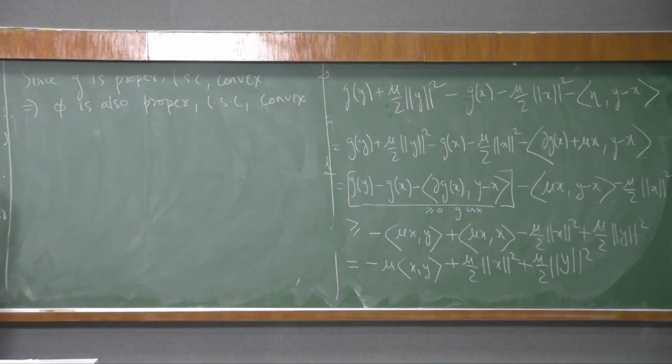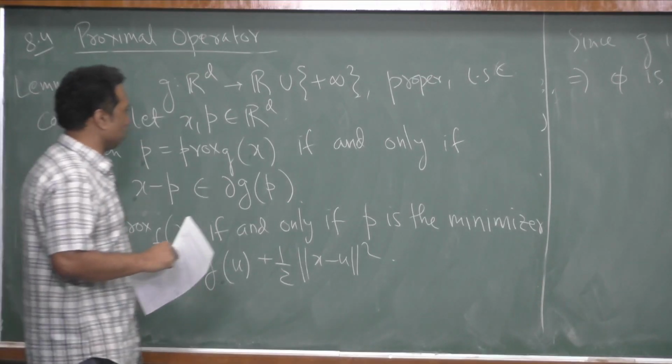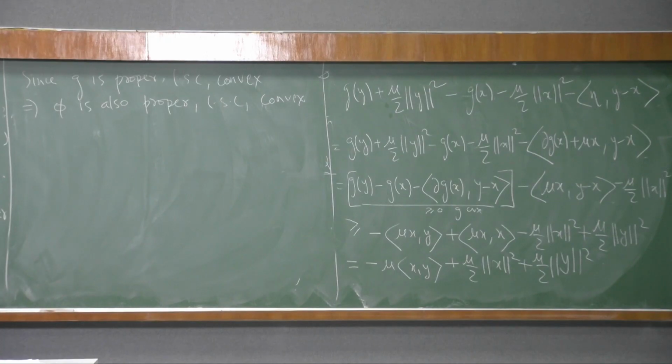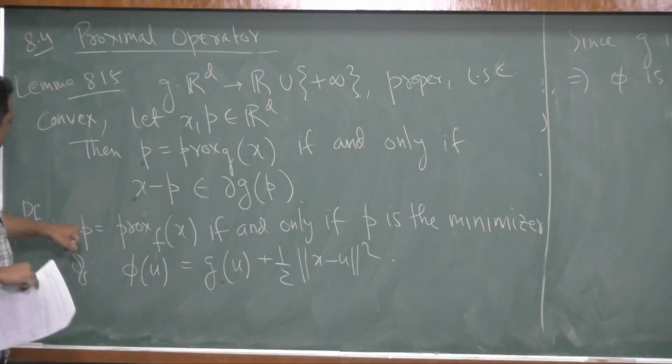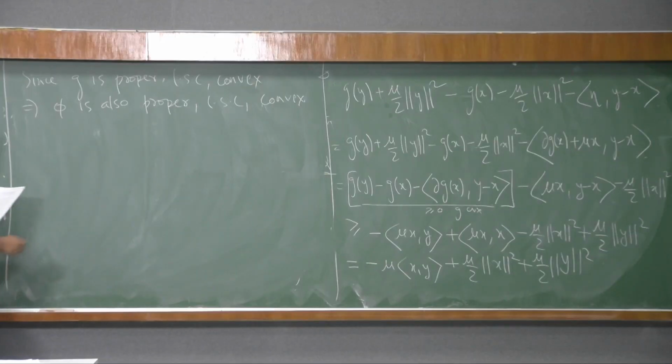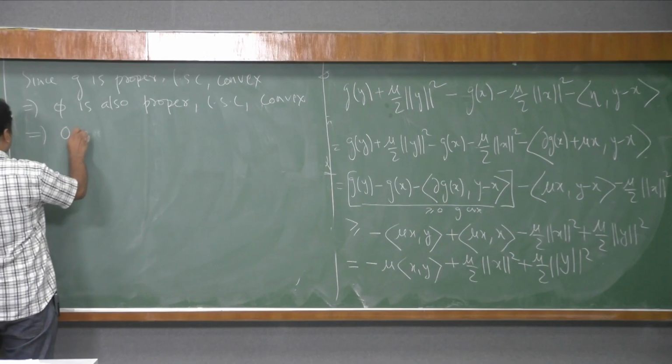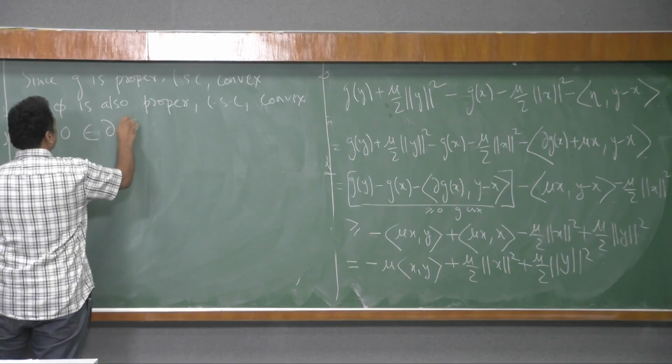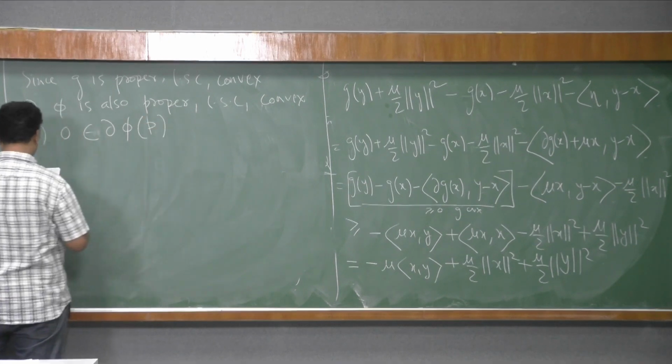So hence Fermat's theorem also applies to phi, and since p is the minimizer of phi, zero must belong to the subdifferential of phi at p. Okay, so this implies 0 belongs to the subdifferential of phi at p.